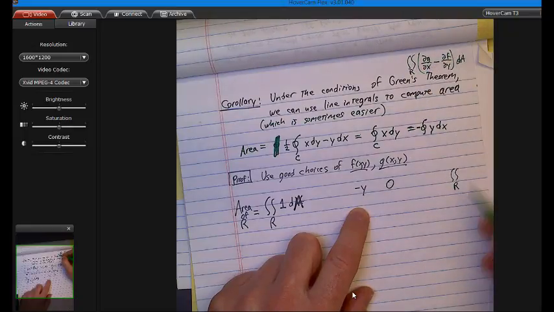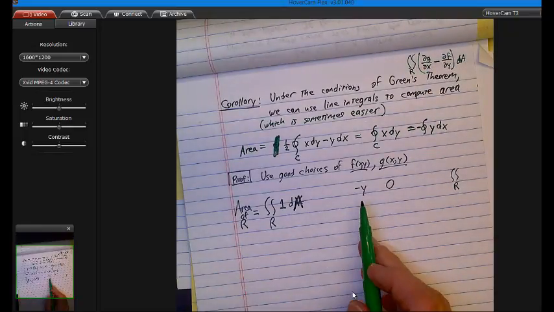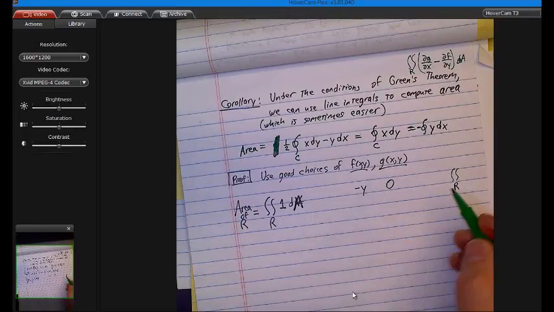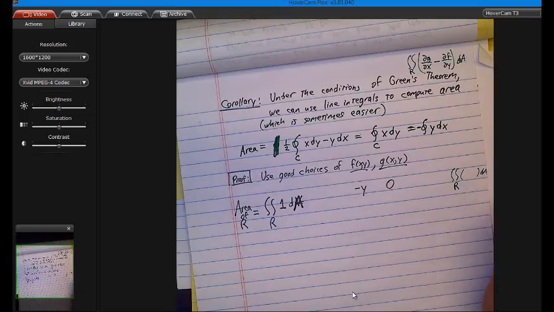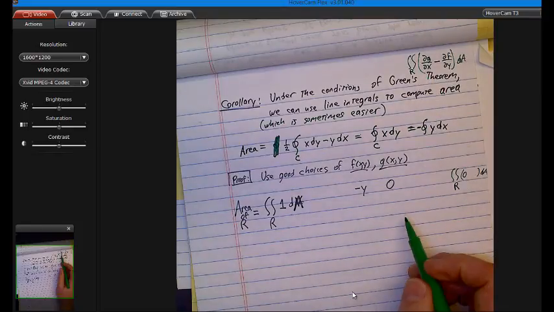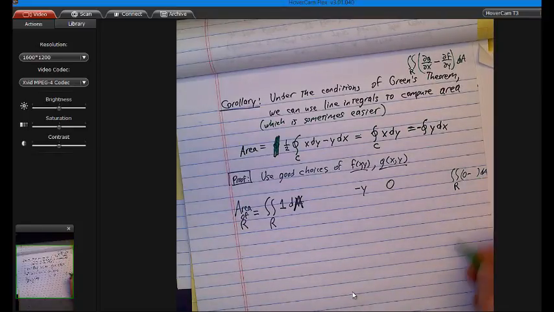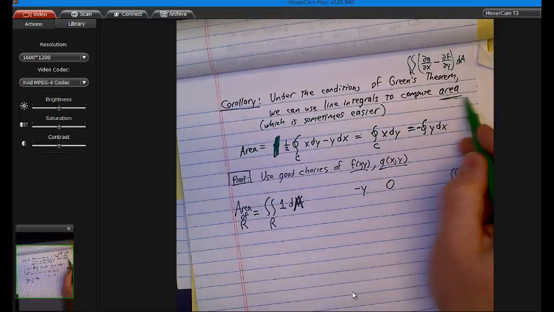If I choose this f and this g, the integrand is 0 minus negative 1. Ah, that's nice, because then I'm integrating 1. That's why I get area.